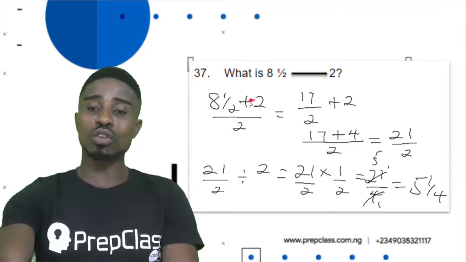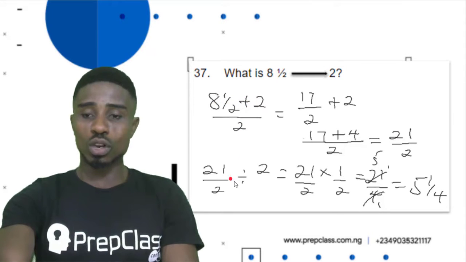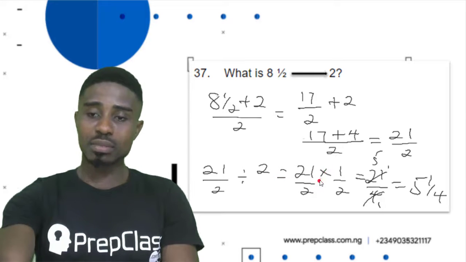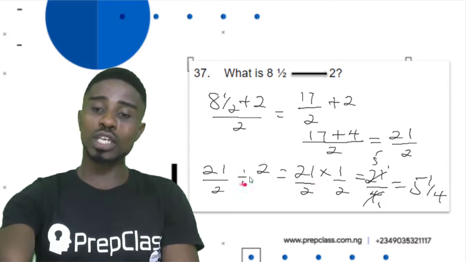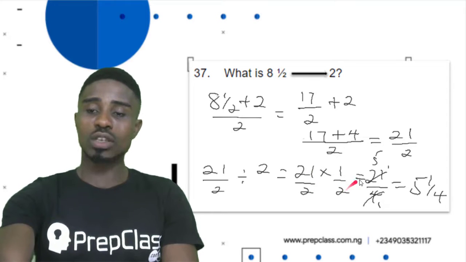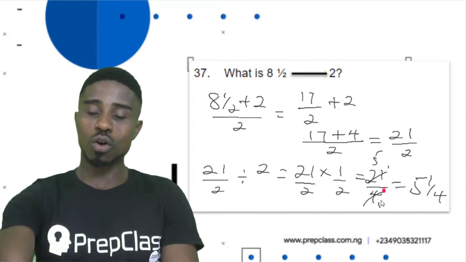So it will now be 21 over 2 divided by 2. That will be equal to 21 over 2 times, the division will turn to multiplication and the 2 will be reversed, and it will now be 1 over 2. So 21 over 2 times 1 over 2 gives us 21 over 4, because 2 times 2 is 4.